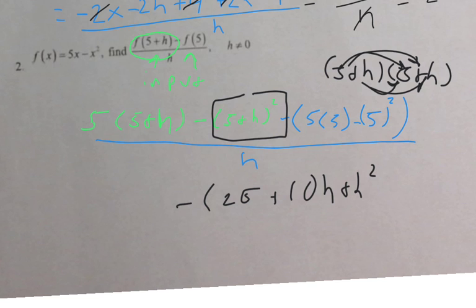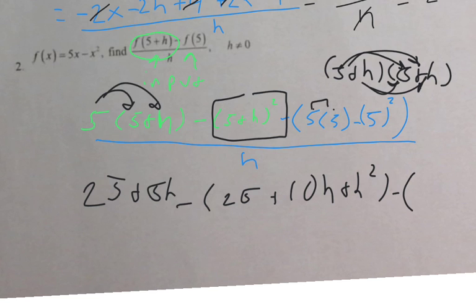Now if we take care of the first one, distribute the 5 here, we have 25 plus 5h, and we have minus 5 times 5, which is 25, minus 5 squared is 25.